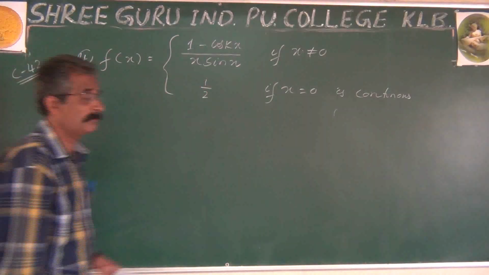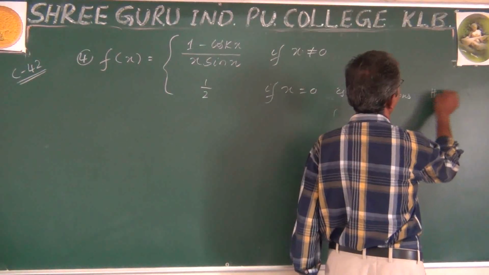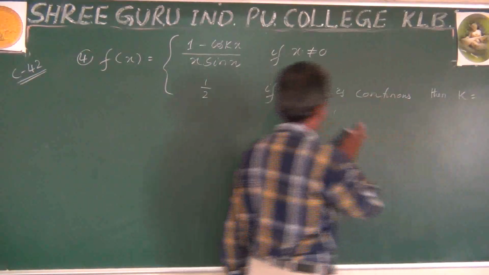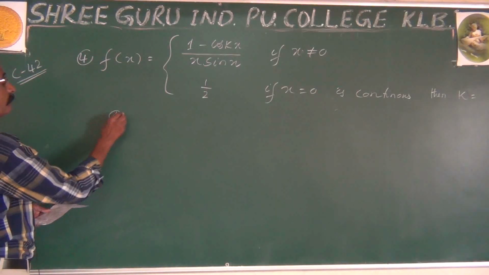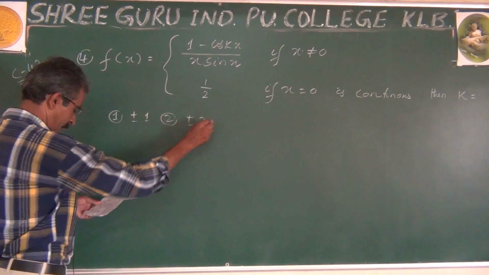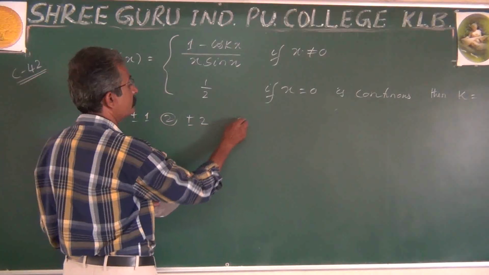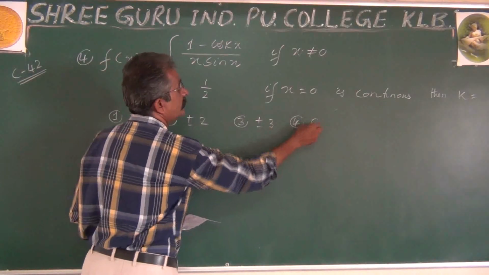At x equal to 0, even though it is not mentioned, then k equals. First option plus or minus 1, second option plus or minus 2, third option plus or minus 3, fourth option 0.